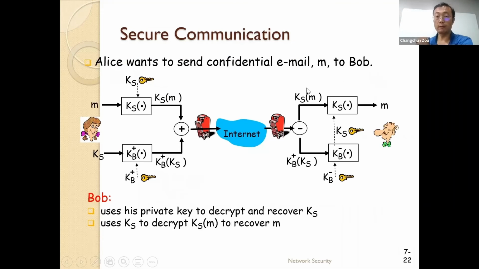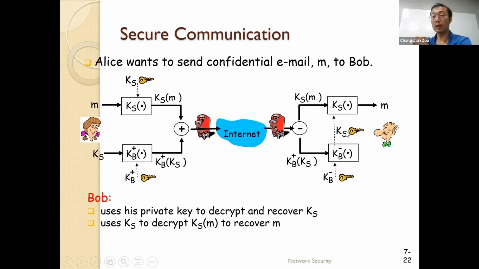When Bob receives these two concatenated messages, Bob will first use KB minus in the decryption algorithm to decrypt this ciphertext and recover KS, this symmetric encryption key.